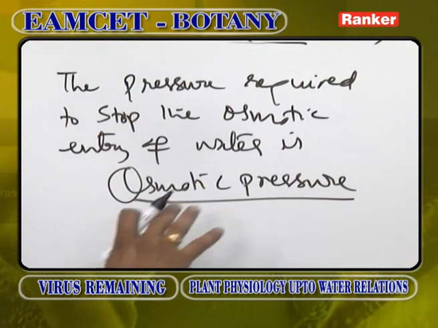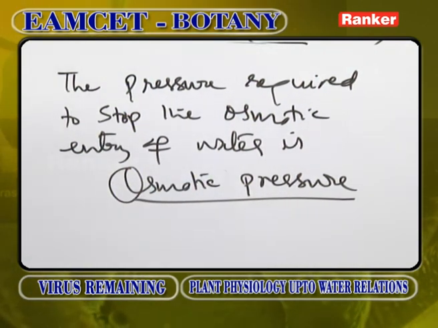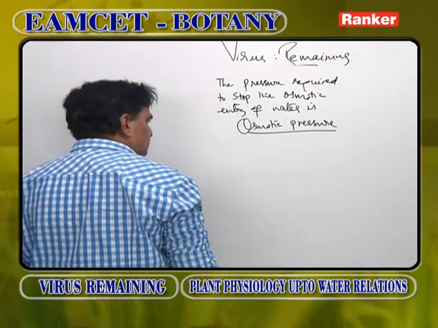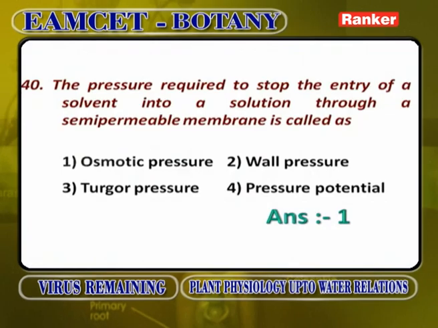So, the pressure that is required to stop the osmotic entry of water into the cells is called osmotic pressure. Osmotic pressure is the pressure with which the entry of water into the cells is stopped.